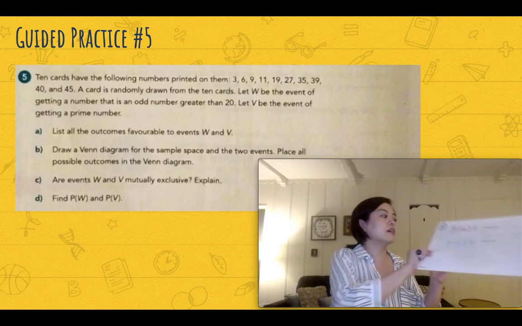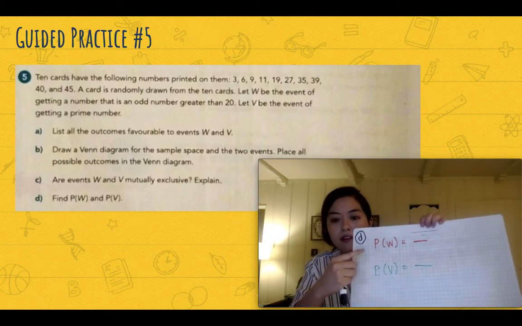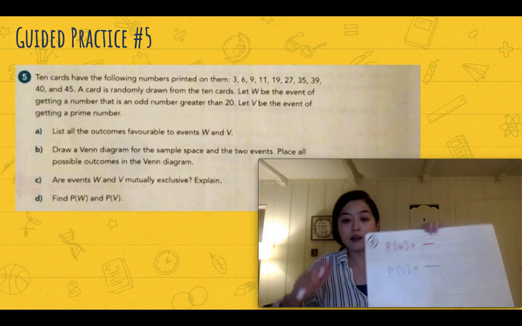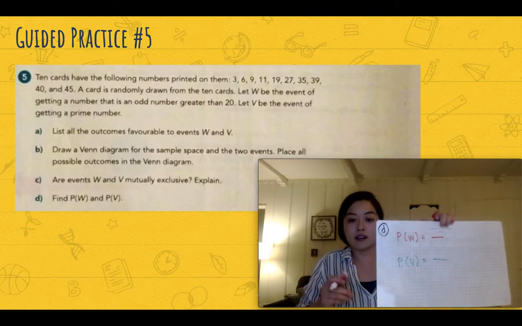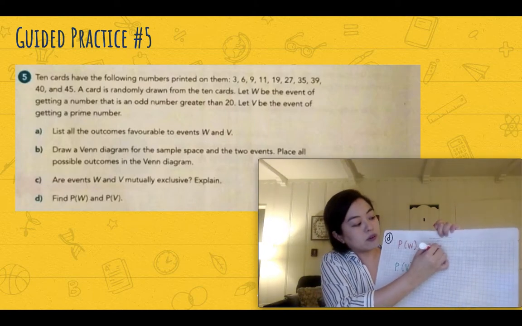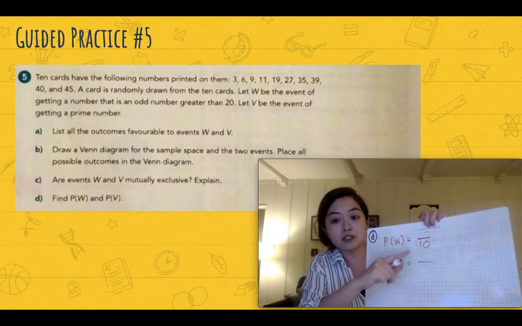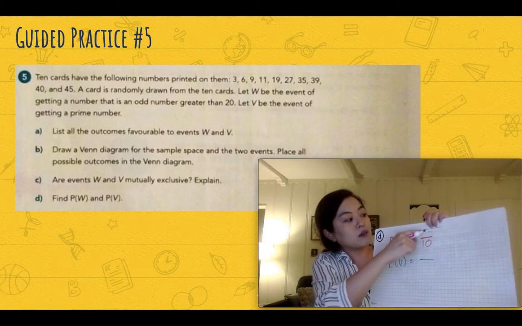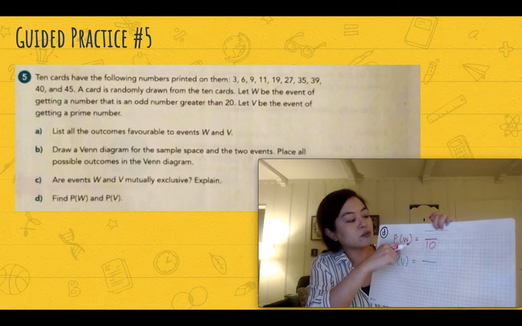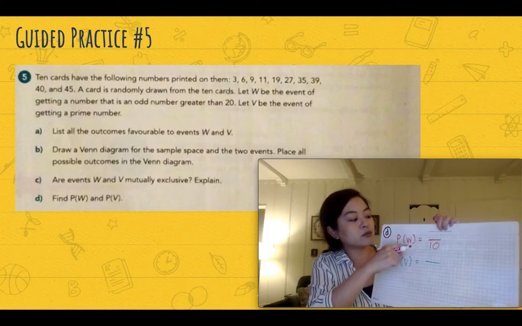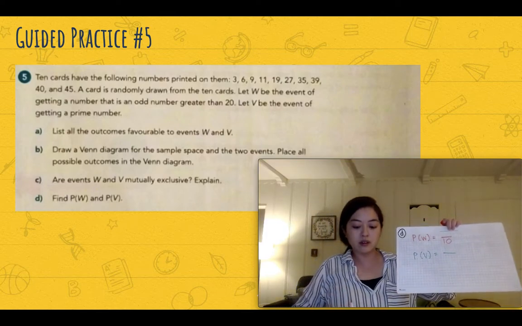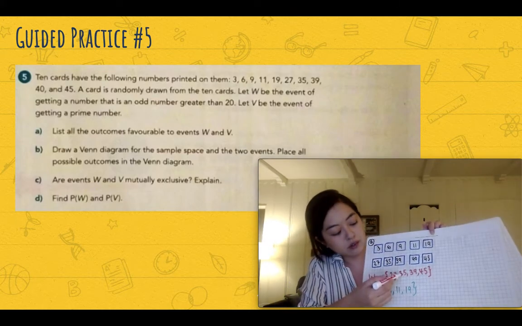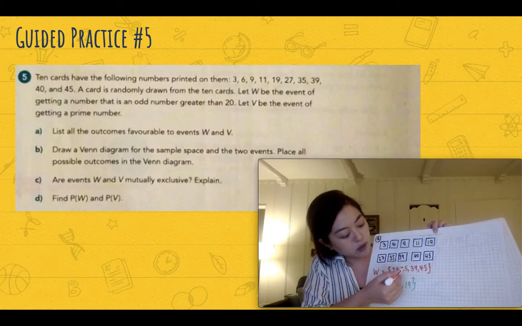Okay, here we're going to find P of W, the probability of W. Remember that there were 10 total outcomes in the sample space, so I'm going to put that in the denominator. How many outcomes did I have that were favorable to W? Let's count. W is 1, 2, 3, 4.